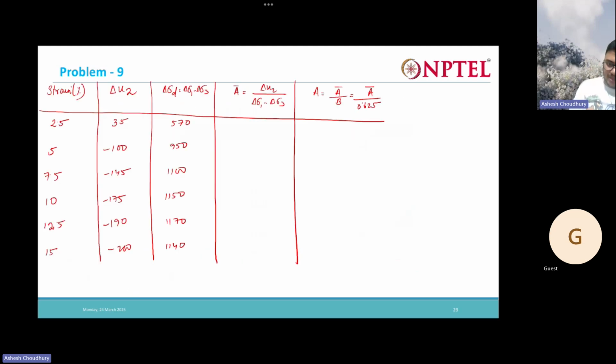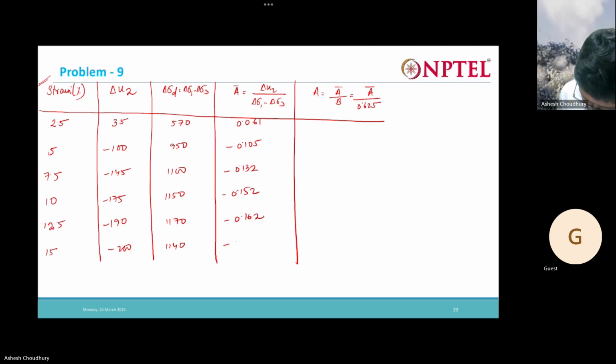Now, the second part of the problem. A bar is delta U2 by delta sigma 1 minus delta sigma 3. So delta U2, everything I have, I just have to divide and write. B I know.